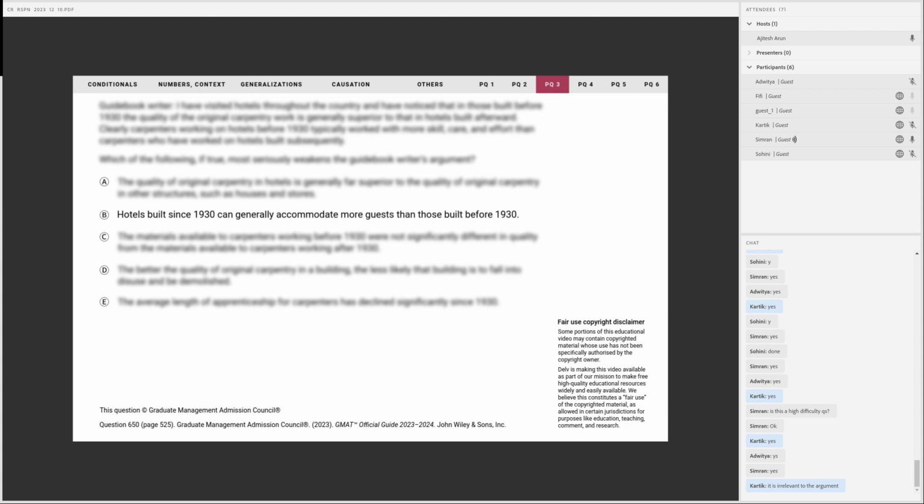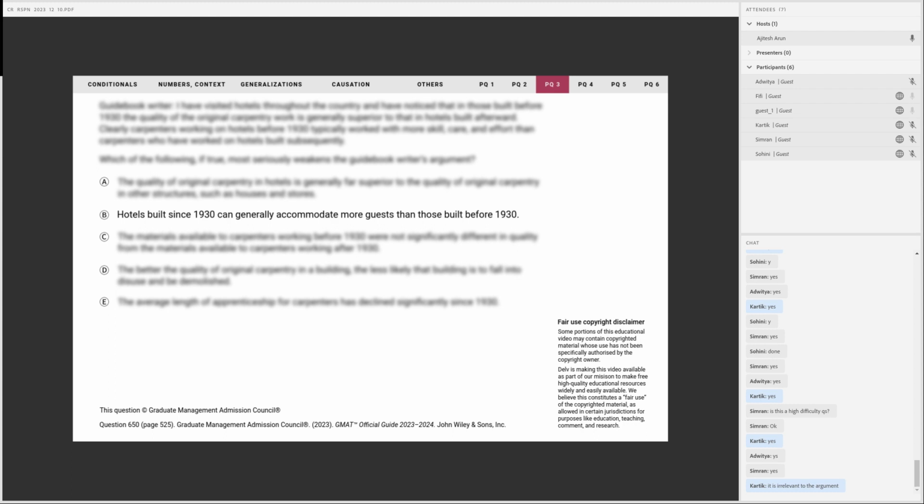Yes, please go ahead. Okay, so it's not related to the argument at all. Hence the question does not talk about the guests, hence it's irrelevant. Right, but more specifically, it doesn't talk about the number of guests, right? Perfect.